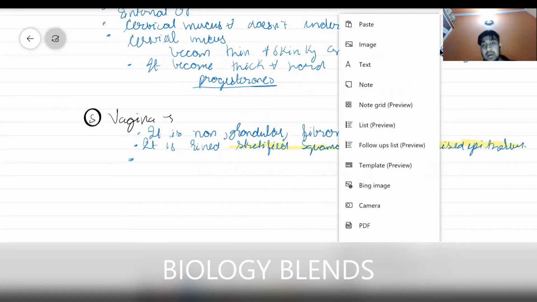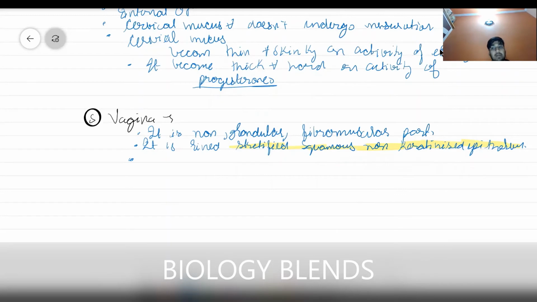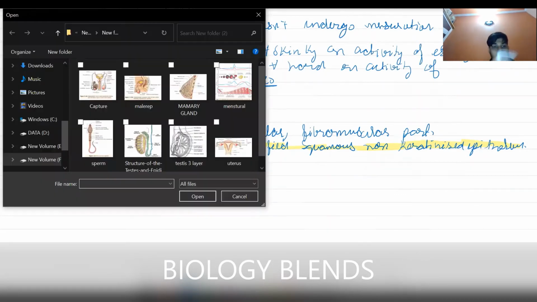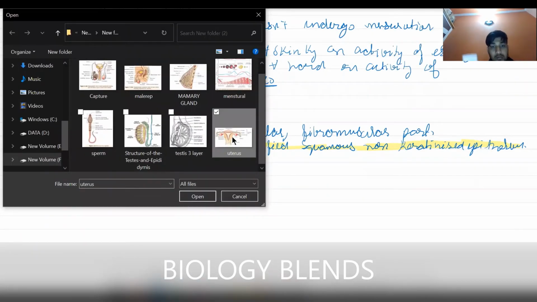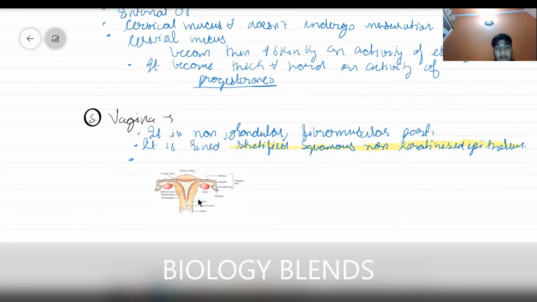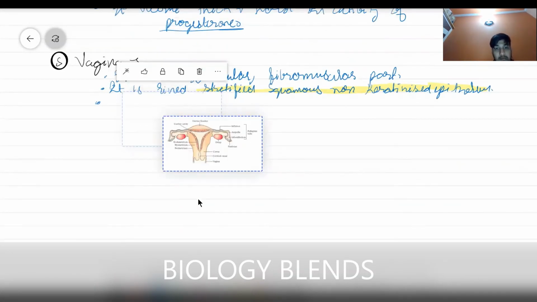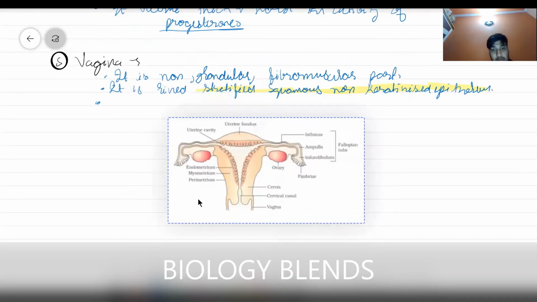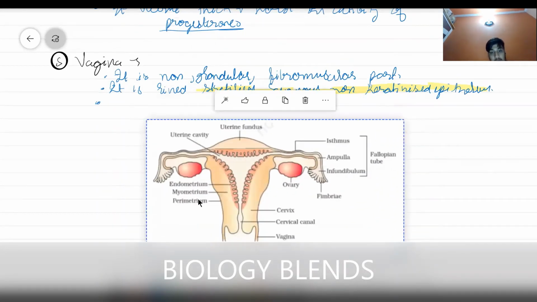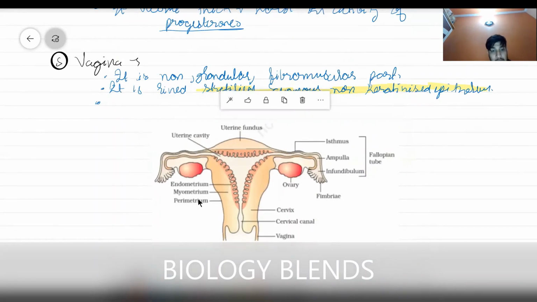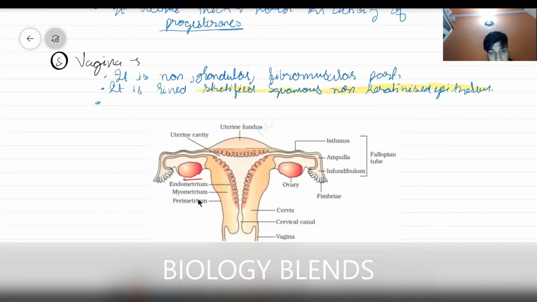Let me show you an image of the female reproductive organ. Here you will see the ovary releases ova.